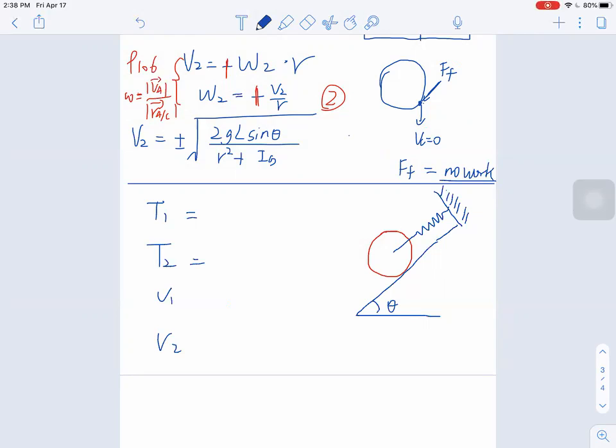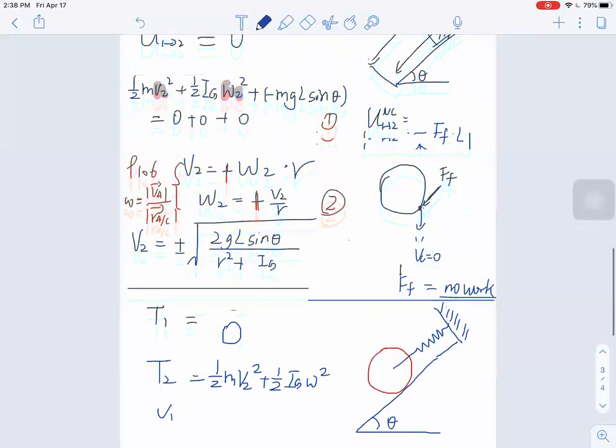For kinetic energy, if this is released from rest, similar to the previous example, the kinetic energy at position 1 is going to be 0, and at position 2 it's the same: 1/2 V2 squared plus 1/2 Ig omega squared.